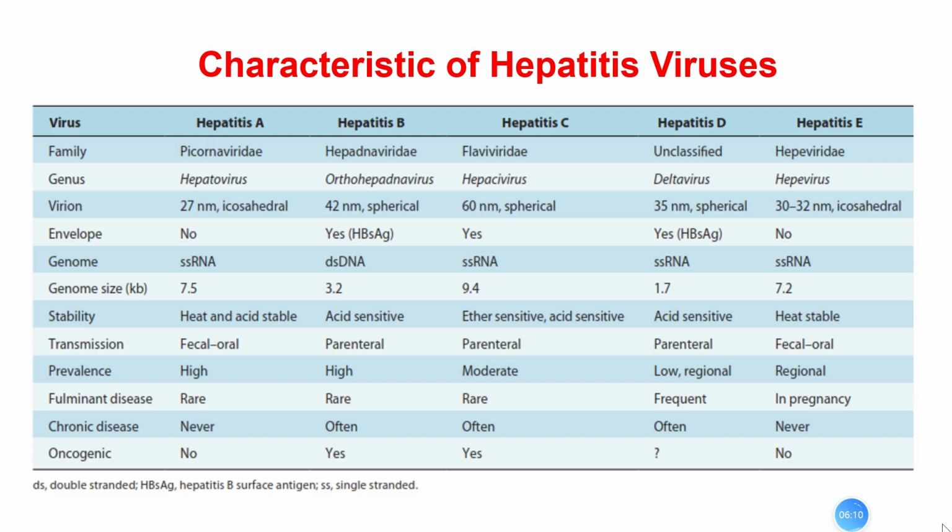So it includes all the information we want to talk about today in detail. So I'd like you to utilize this table to compare the 5 different viruses so that you can master the key knowledge points related to hepatitis viruses.